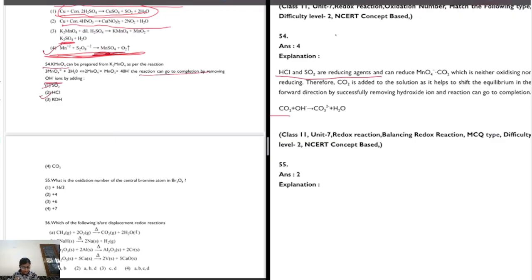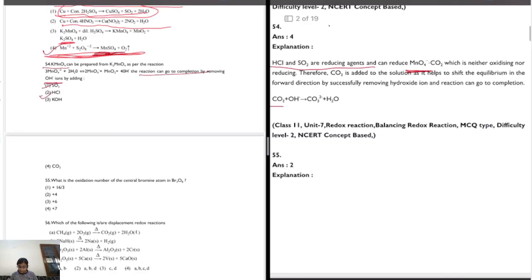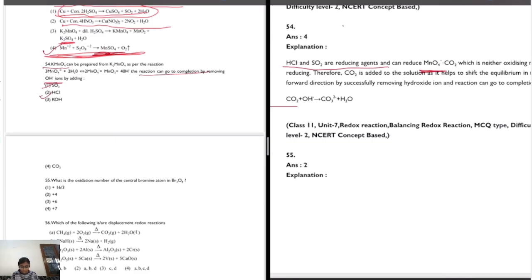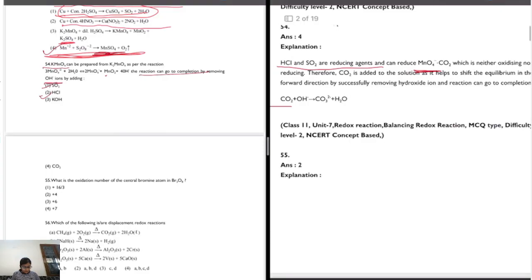Therefore, they will reduce MnO4-. That is, the equilibrium will shift in the opposite direction. So that is why we cannot add those.